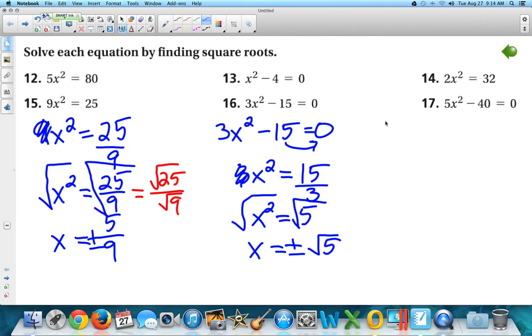Last one, I've got 5x squared minus 40 equals 0. I'm going to move the 40 over by adding it. Then I'm going to divide by 5.